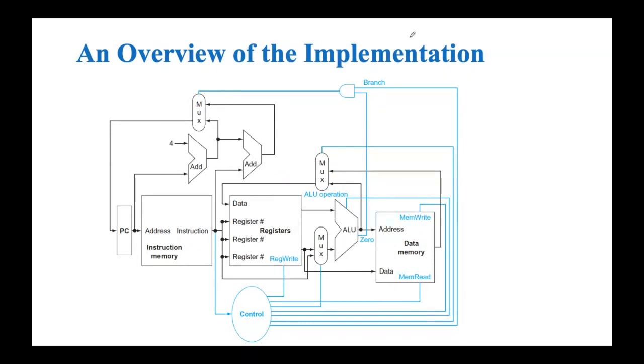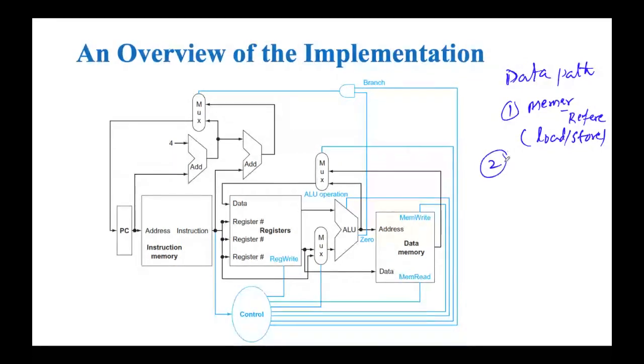To implement the data path for different classes of instructions: the first is memory reference, that covers your load and store instructions; the second is the arithmetic and logic operations, which cover addition, subtraction, AND operation, OR operation, and set less than; and the third one is your branch instruction class.